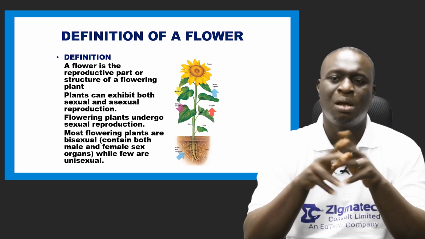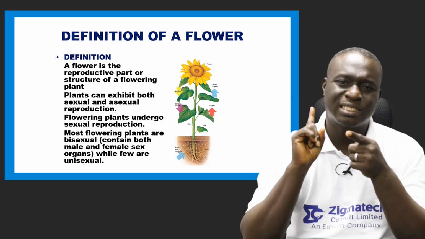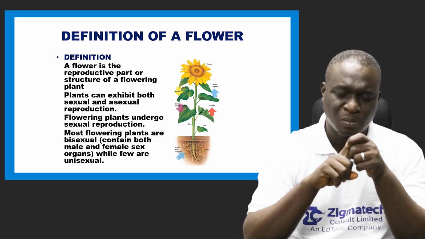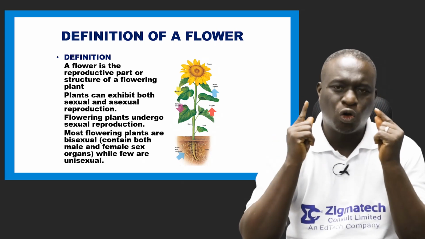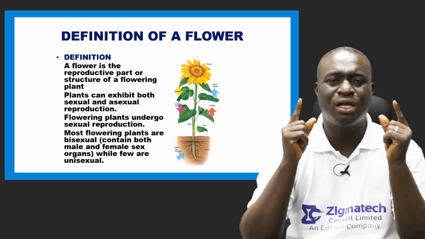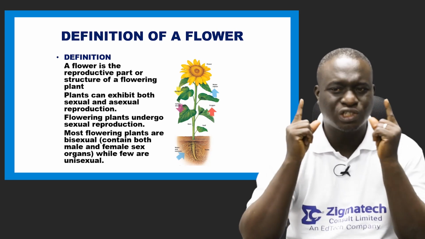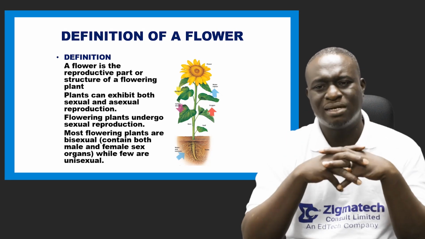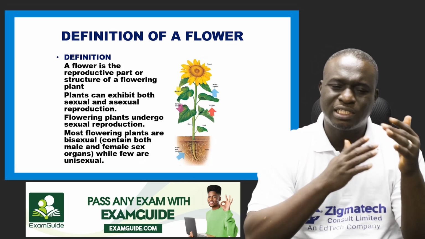Please also note, plants can exhibit, like I said before, both sexual and asexual reproduction. But note this: flowering plants undergo sexual reproduction. Now, most flowering plants are bisexual, while some are unisexual.